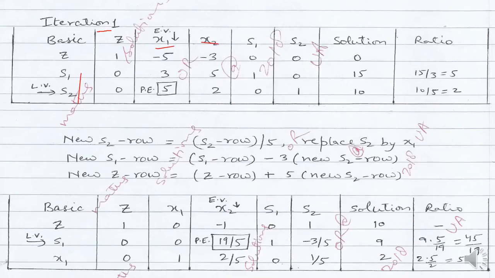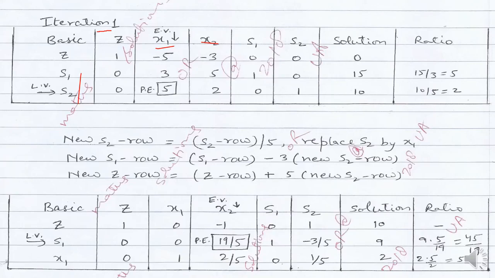Non-basic variables are x1 and x2, which we have taken as 0. In this table we write z, x1, x2, s1, s2 and solution. The z row shows the coefficients of the z equation: the coefficient of z is 1, x1 is −5, x2 is −3, s1 is 0, s2 is 0 and solution is 0.